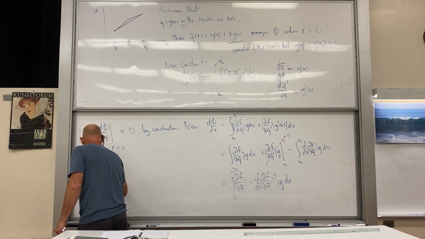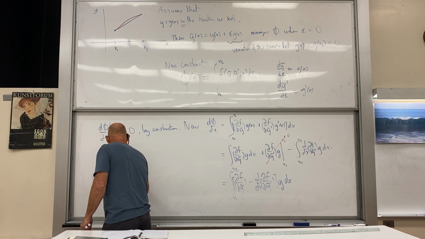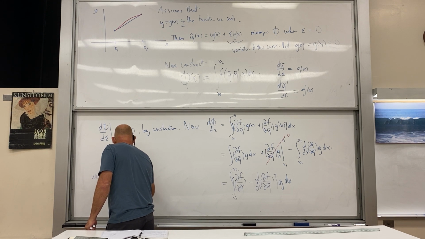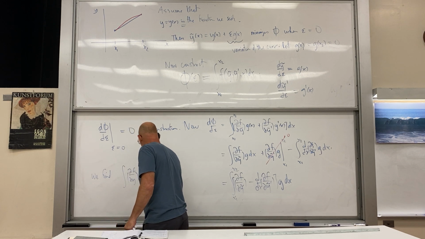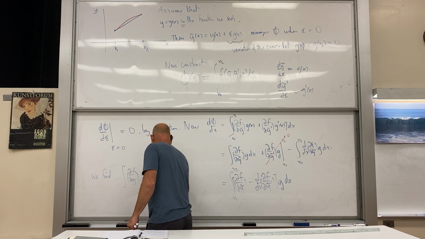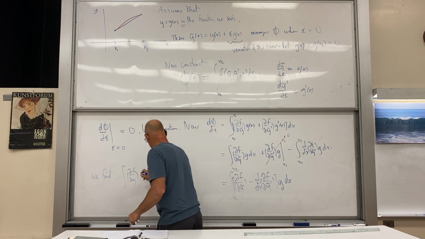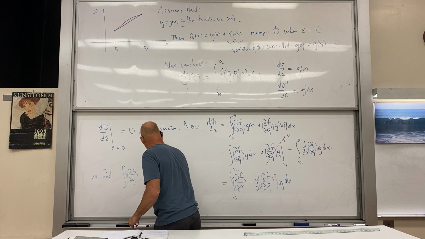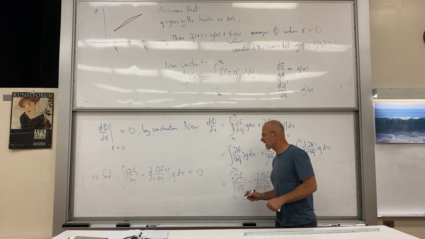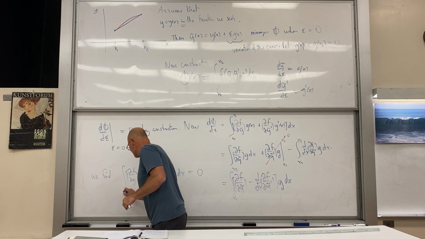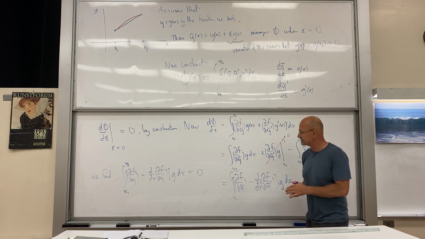So I'm going to draw that conclusion. We find, we're almost done. We find that this integral here, if the tilde is gone, since we've taken the limit, so this integral, partial f partial y minus d dx partial f partial y prime, g dx is equal to 0. Fixed boundaries, x1 to x2. Okay, now what?